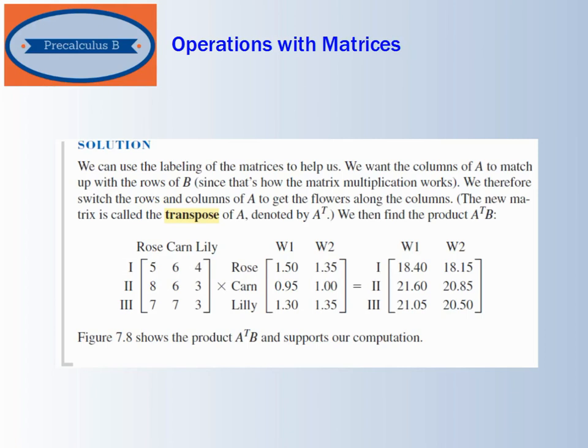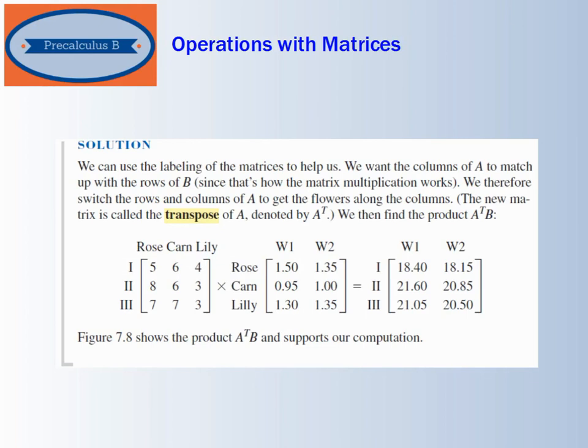So we would want to multiply having the roses, carnations, lilies as our columns in the first matrix, all right, because we need the columns to match the rows of the next. That's the key. The columns of the first matrix have to match the rows of the second matrix, right? So we can change the way it's laid out, but that's fine.